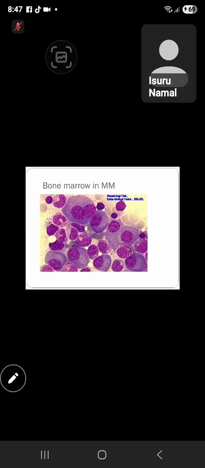Therefore, you should not mistake an NRBC for a plasma cell. There may be some small plasma cells present in your blood picture, but you will never mistake them for NRBC because the NRBC cytoplasm color is totally equal to the cytoplasm of the red blood cell.